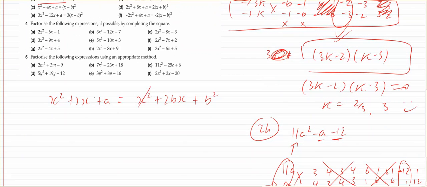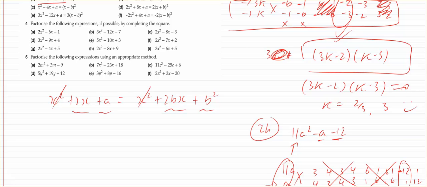I can cancel the x squared off both sides because I can subtract x squared from both sides, and I'm left with 2x plus a, and I've got 2bx plus b squared. Now I can do something called equating coefficients.